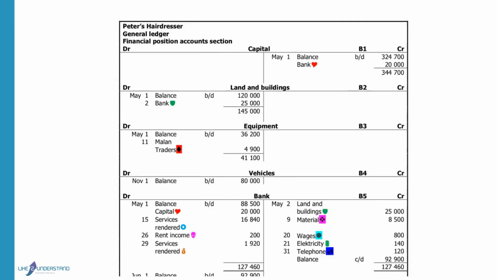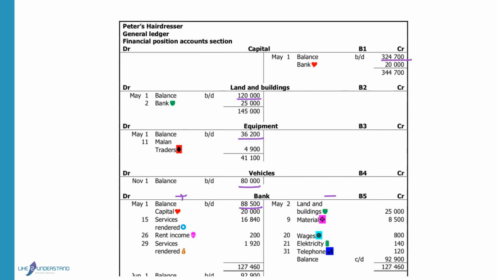The balances that were provided will be entered in the ledger accounts at the beginning of the month, and then we will start recording the other entries. On the first, the owner increased the capital. Bank is an asset. Assets increase on the debit side and decrease on the credit side.